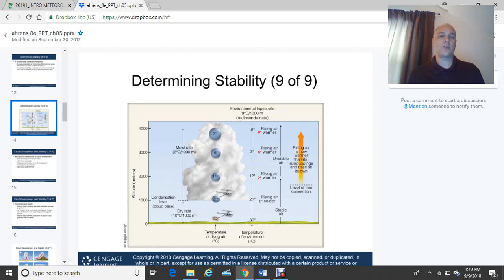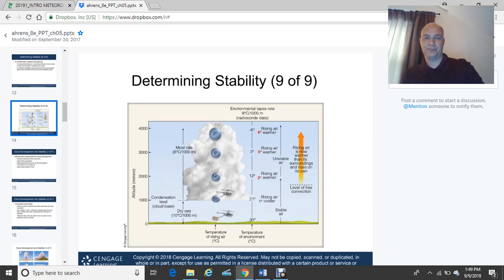It's 1 degree colder, so my parcel will continue to rise. Okay? So hopefully that makes sense. You have to compare the parcel temperature to the environmental temperature. Okay? We get the environmental temperature from an upper air sounding via an instrument known as a radiosonde.